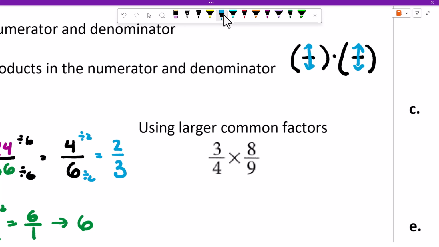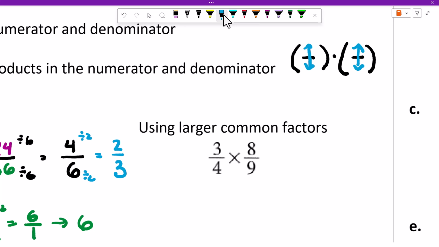No. So we leave that fraction alone. Then we look at 8 and 9. Is there anything that can fit in here to make it smaller? No, nothing. Right? So we try to make our fraction smaller this way and this way if possible.